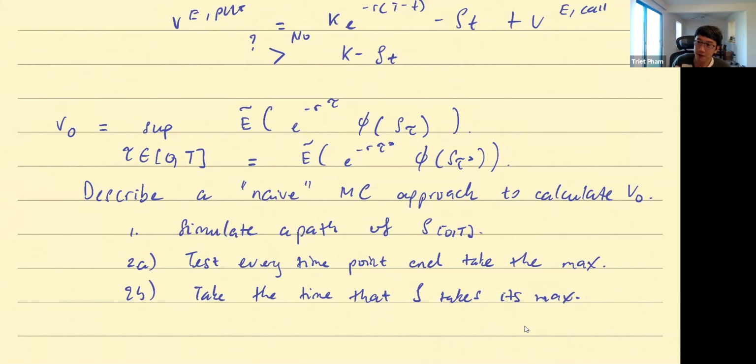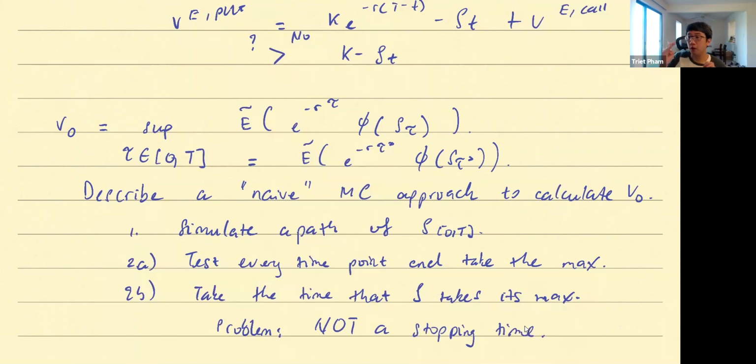Okay, being facetious aside. Exactly, we don't have access to the future. So the time that S takes on its max in view of the whole path, yes, you know where it is. But the whole point is this is not a stopping time.